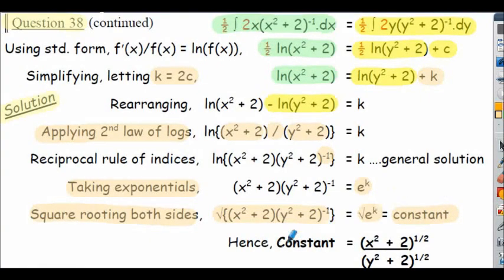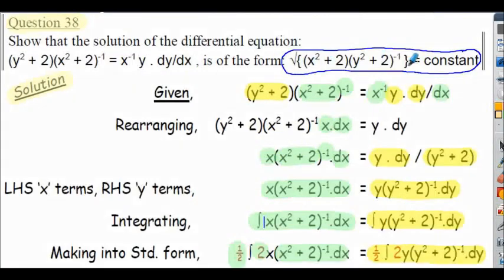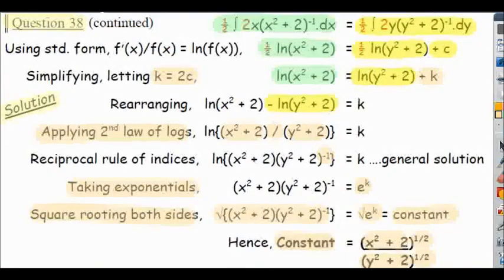But on the last line I've simply written the constant in the format of x squared plus 2 all raised to the power of a half, that's square root, don't forget, divided by y squared plus 2 all raised to the power of a half. And that's essentially what we've been given in the original question. It's just they've used a negative index for the y squared plus 2 bracket. So that completes the solution for question 38.